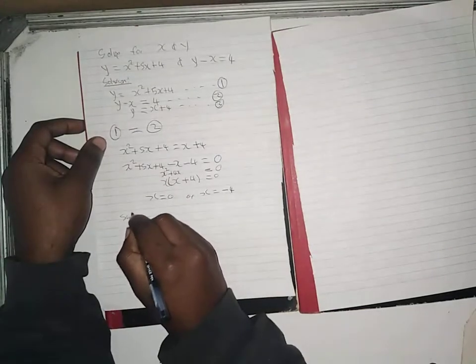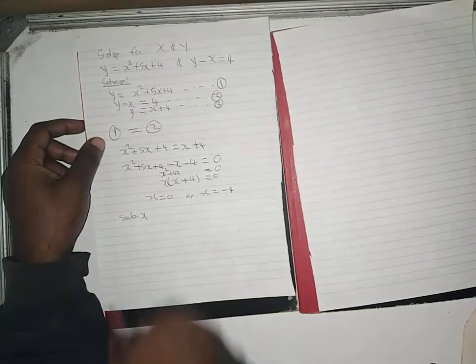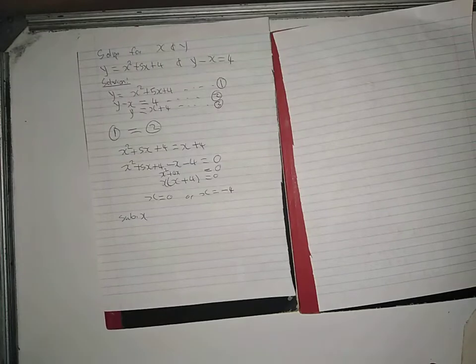And then you substitute. Guys, another thing that I want to emphasize: when you are solving simultaneously, you must always tell the marker what it is that you are currently doing. You don't want a marker to guess.